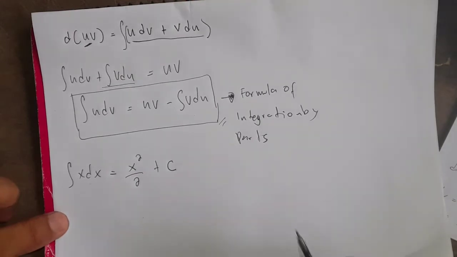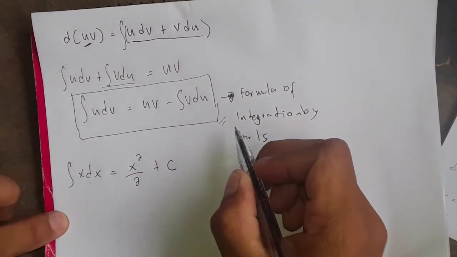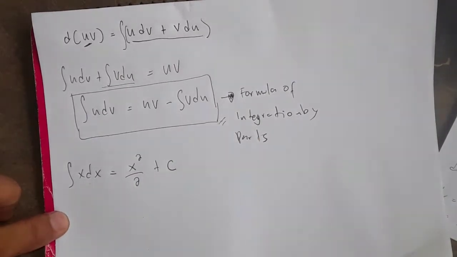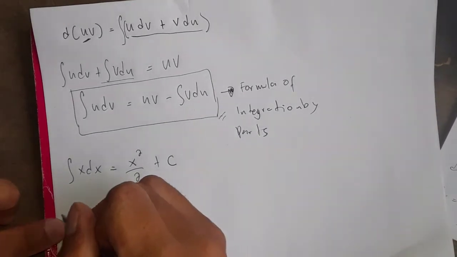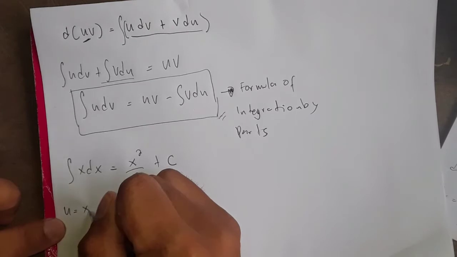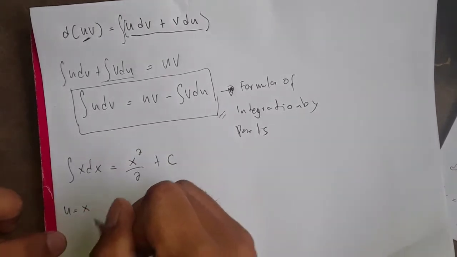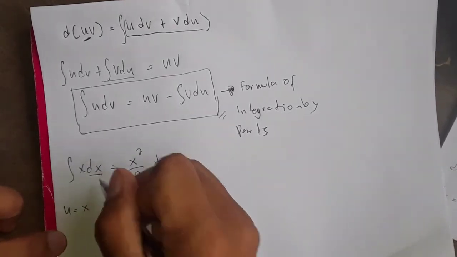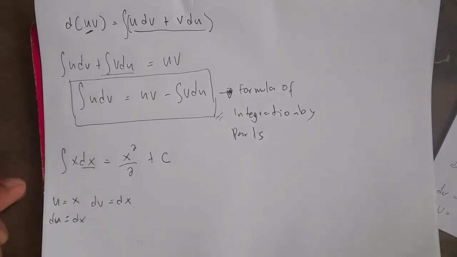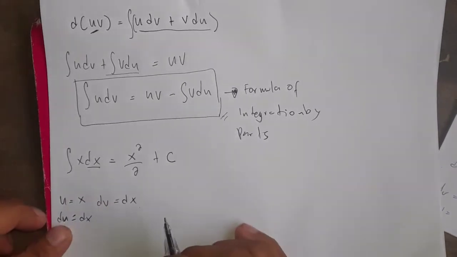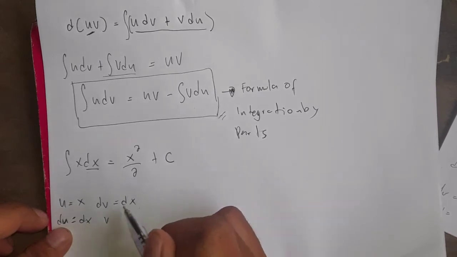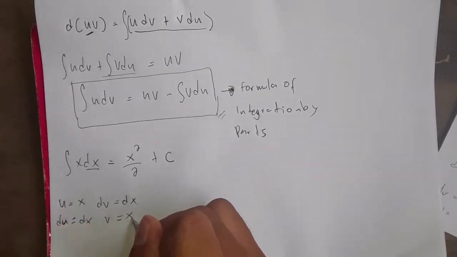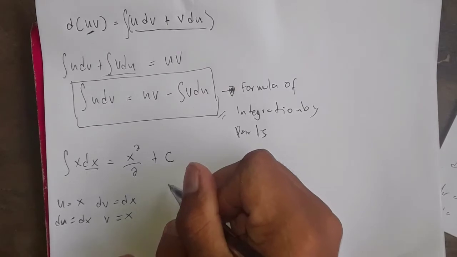Now by using the formula of integration by parts, by letting our u equal to x and dv equal to dx, our du is equal to dx, and then finding our v is equal to the integral of dx, which is x.